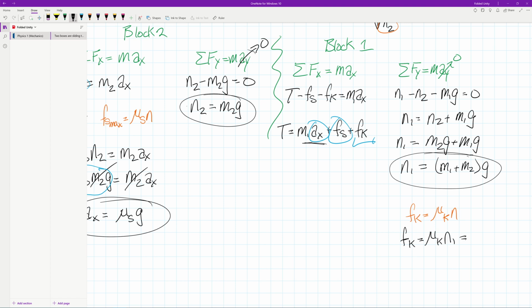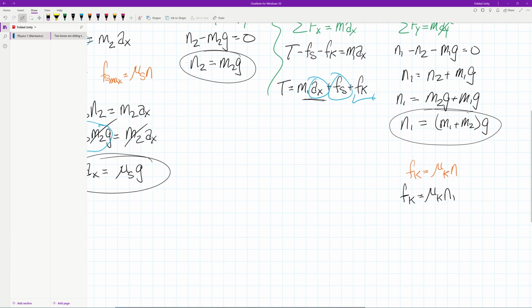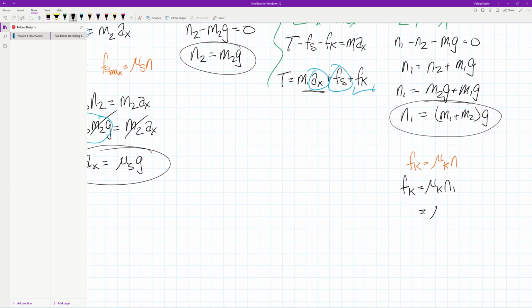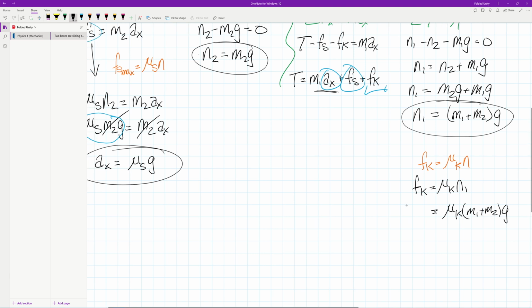And we already solved for that. He's right here for us. I told you he was going to come back in a second. And we get mu k times M1 plus M2 in parentheses times the gravity G. Okay. Now we should have everything we need to plug into that tension equation there.